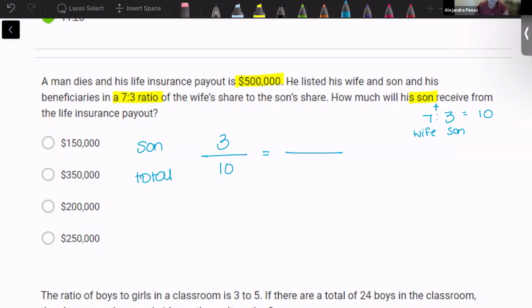Now, thankfully, he did not leave $10. He left $500,000. And we want to figure out how much is going to go to the son. So once you have your proportion, you can go ahead and cross multiply and divide. So the son is going to get 3 times 500,000 is 1,500,000.